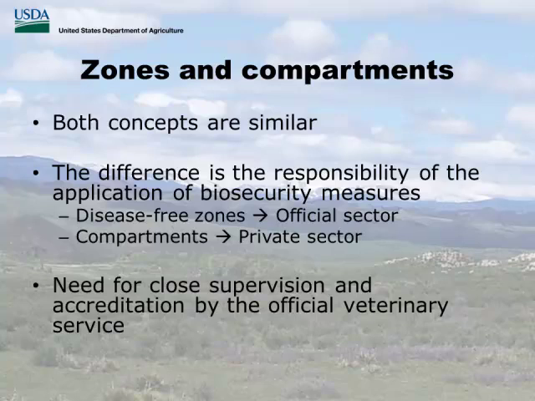Whereas compartments are often a private sector entity trying to trade and have that specific compartment recognized. They're going to be putting in for it. You need close supervision by the federal authority, possibly what they call accreditation of that facility or the procedures they're using in the compartment, to confirm they're actually meeting the goals of what they say they are.